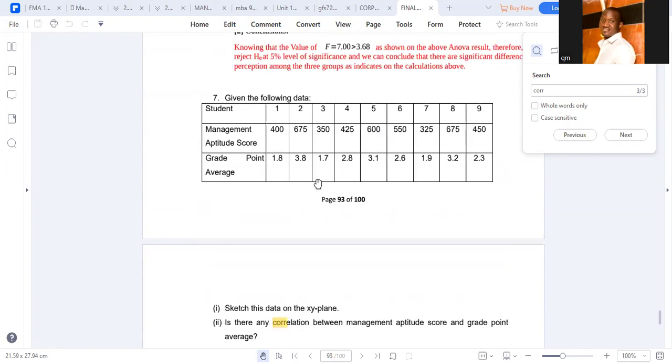Sometimes you need to actually identify which one is your x depending on causality. Which one is the result and which one is the input. You need to understand how to determine the x and y variables, which one is the dependent variable and which one is the independent variable.